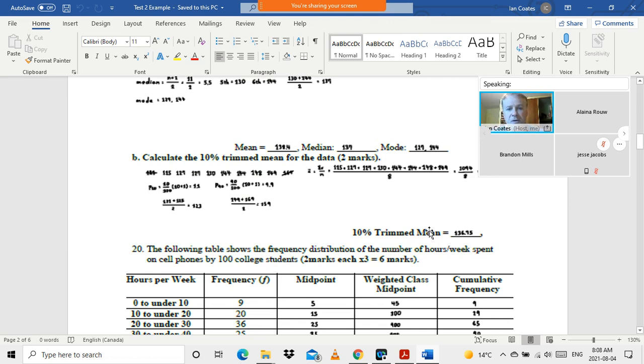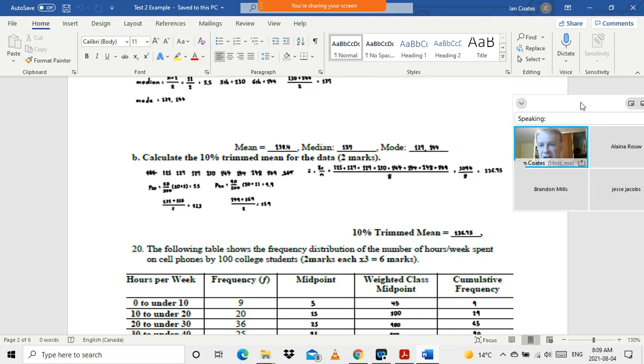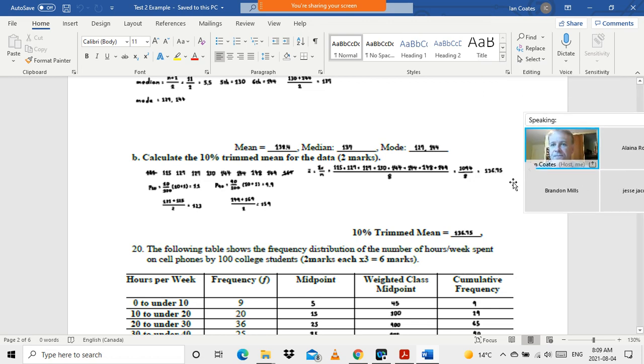Some of you are still rounding, and you can't. Generally speaking, be careful with your rounding, because on the last page, when you had the monstrous calculations to find the standard deviation, any little bit of rounding will distort your final answer.